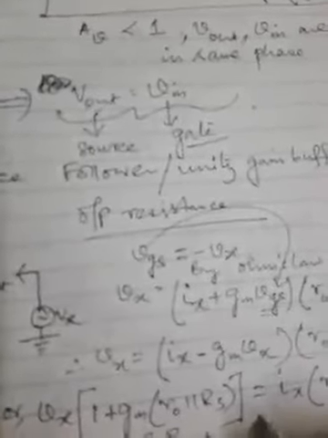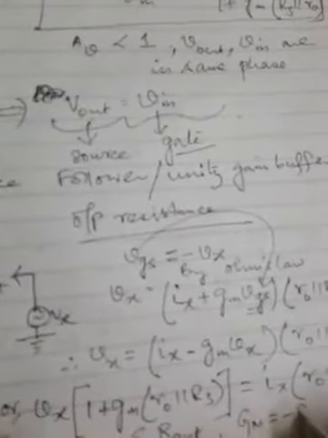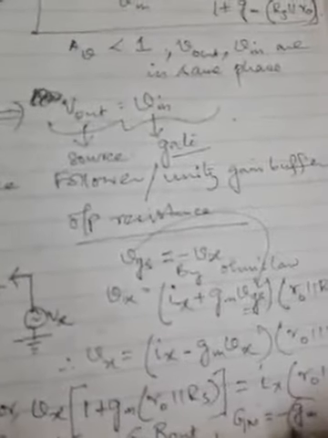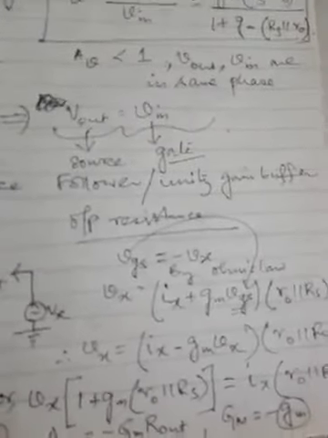So from here we can find the relation: capital Gm is equal to minus gm, where the small gm is nothing but the transconductance of the amplifier. So the relation between capital and small gm is with a negative sign.